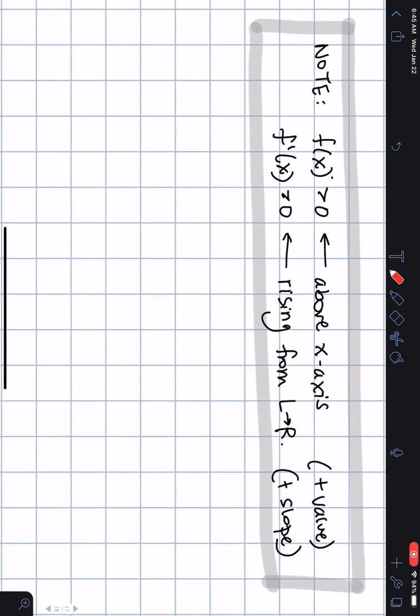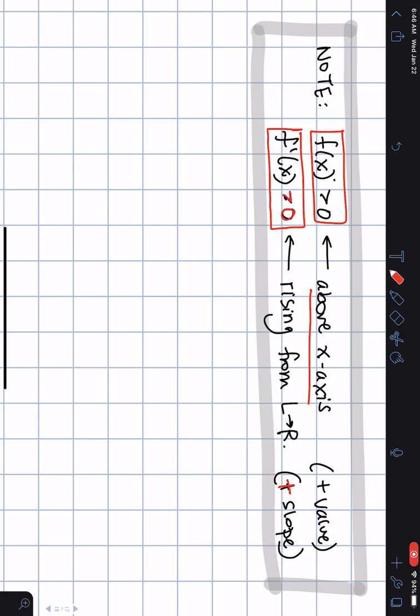The difference between f of x is greater than 0 and f prime of x is greater than 0 is really important. You need to know what they mean. If f of x and f of x alone is greater than 0, that means we're looking above the axis. But if I say f prime of x is greater than 0, that means I'm looking for where it's increasing, or where it has a positive slope.